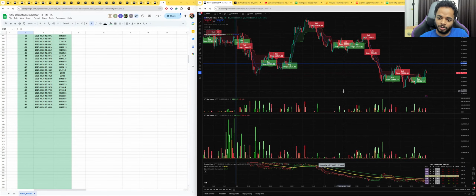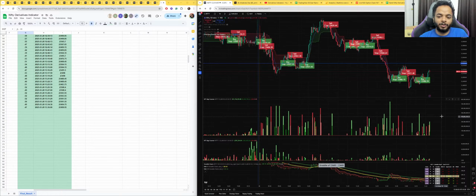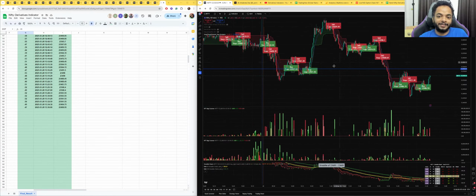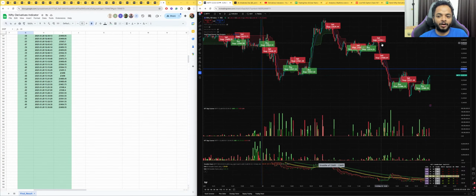Even if we go wrong, there won't be any regret, because whatever the data points say, we'll do that. And whatever the data points mean, whatever the big guys do, we will go along with them. So even if we go wrong, there won't be much regret. There is also this SL, which will help us get rid of big losses.